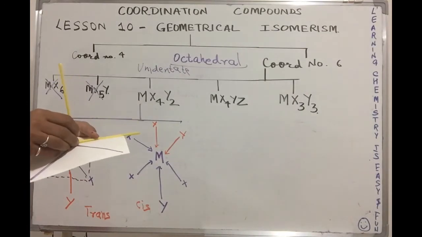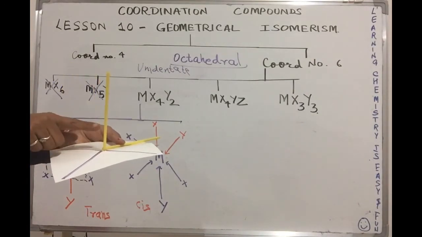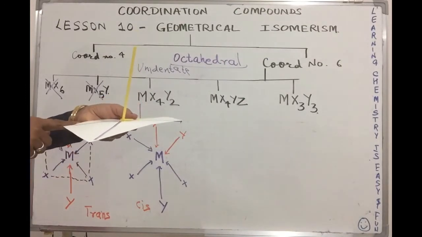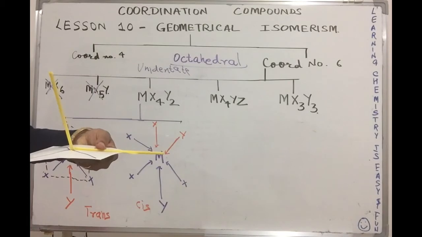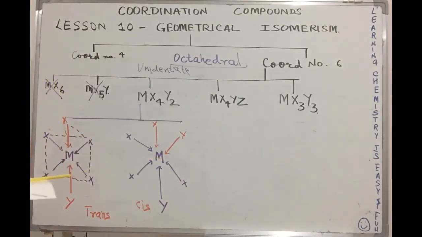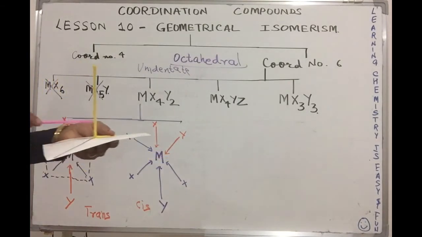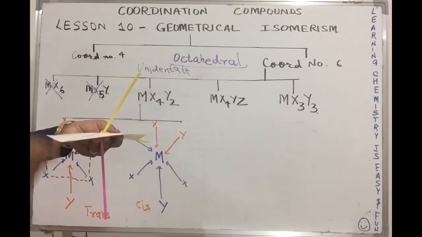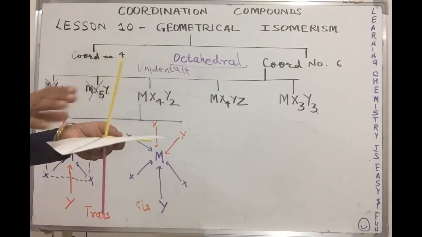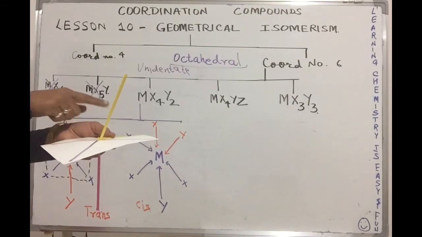Now, if you notice, instead of being at 180 degrees with respect to each other, they are at a bond angle of 90 degrees. Whereas one of our ligands has now moved down. Now, when we talk about this arrangement, we say this is cis.